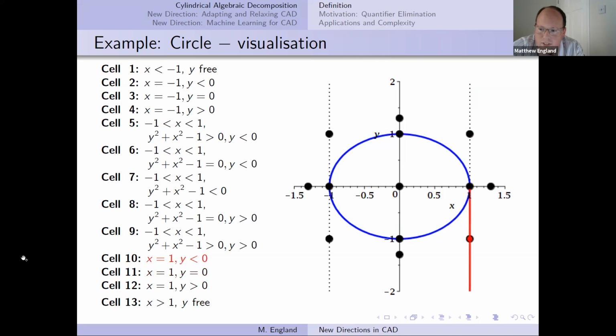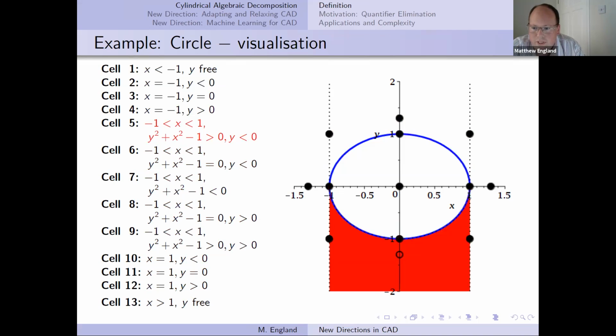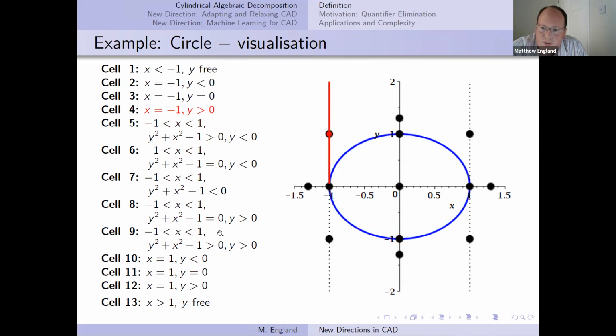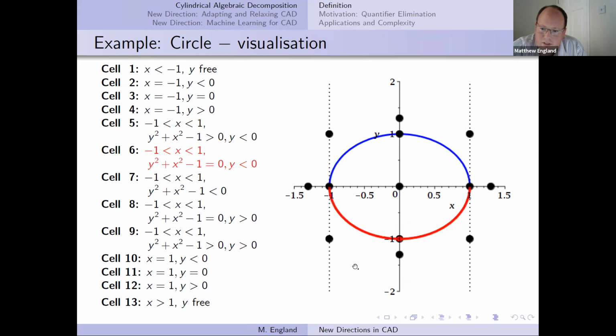And what we see here is the cylindricity property. If we look in the middle, there's a cylinder that's being split into 5 separate cells, such that the polynomial has constant sign on each cell. The sign of the polynomial here is 0, so that has to be a different cell to either side of that.